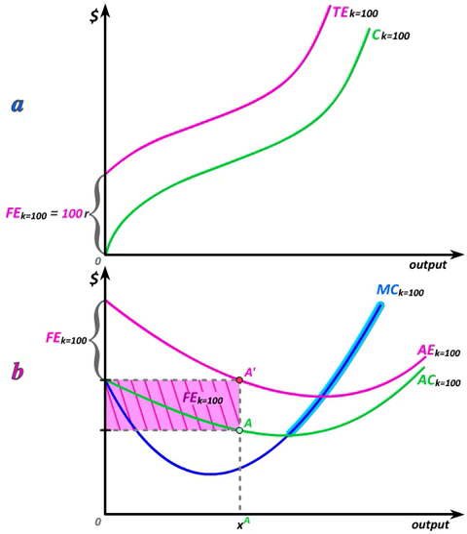All of these areas must be equal to each other and equal to the vertical distance of the fixed expenditure at output level of 1. This is one way to see why it is, in fact, that the average expenditure and average cost curves have to converge to one another.